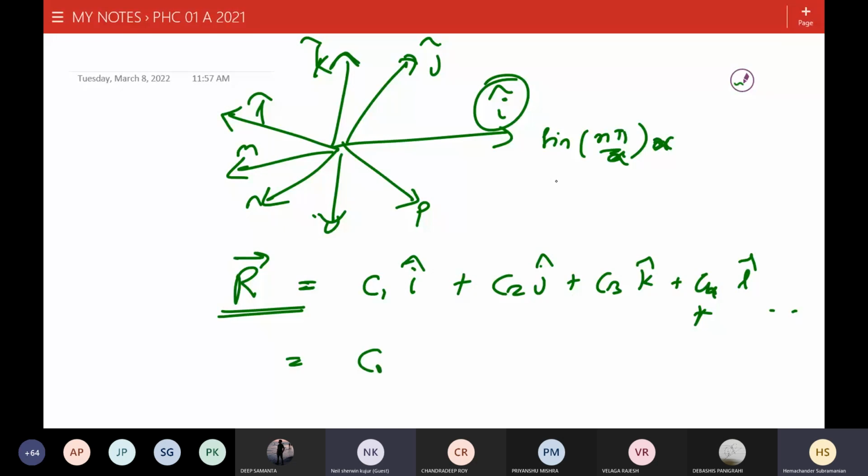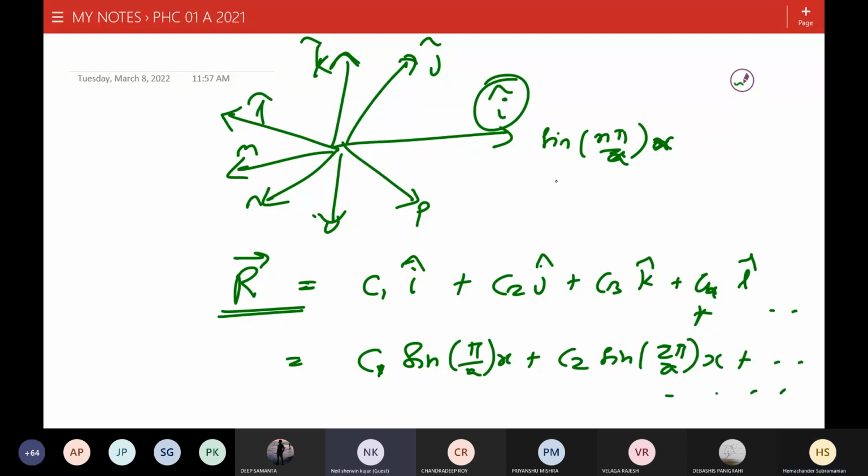So instead I write C1 sine(1 pi x over a), C2 sine(2 pi x over a), and so on. This is my new position vector.